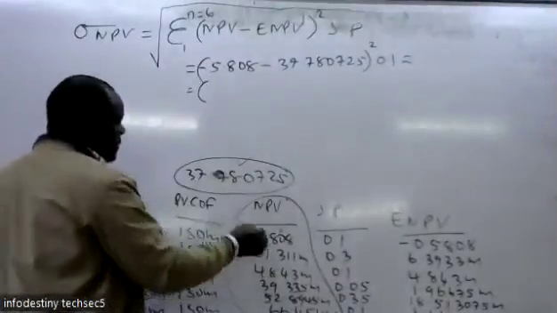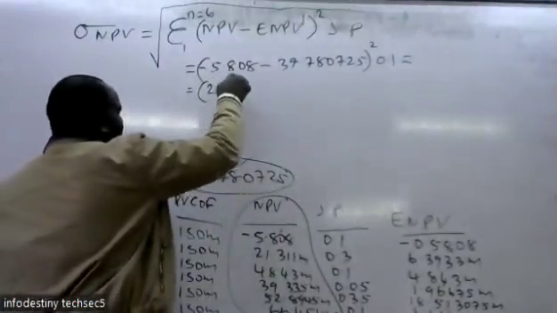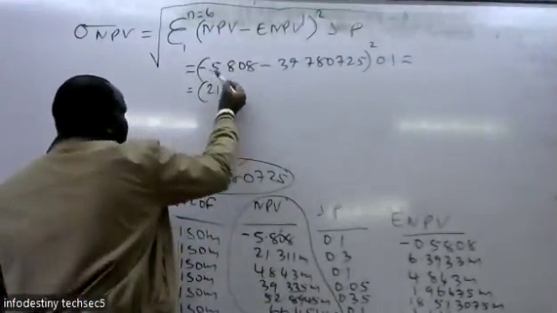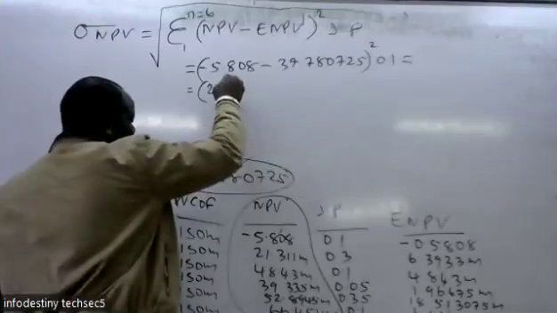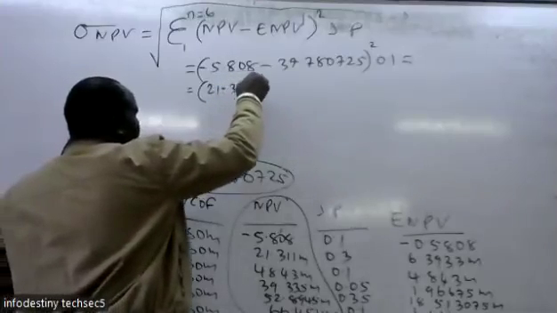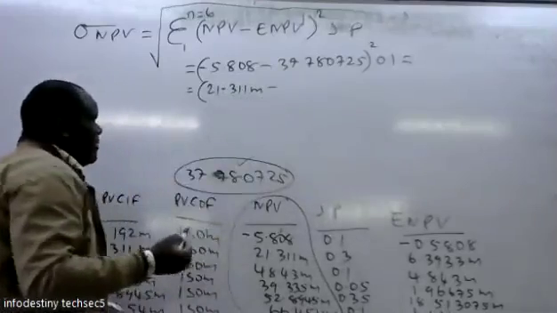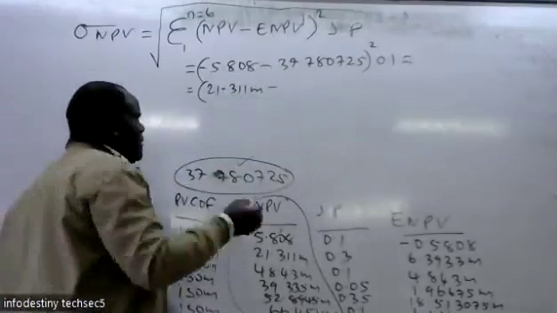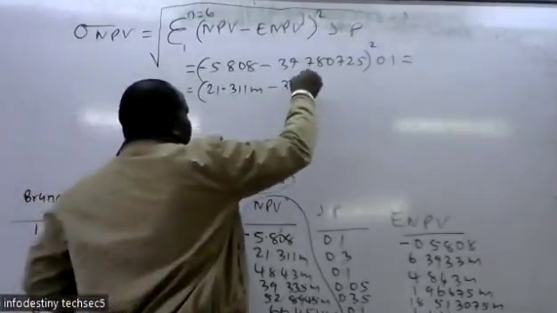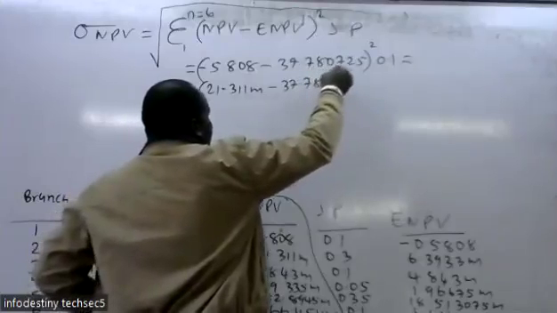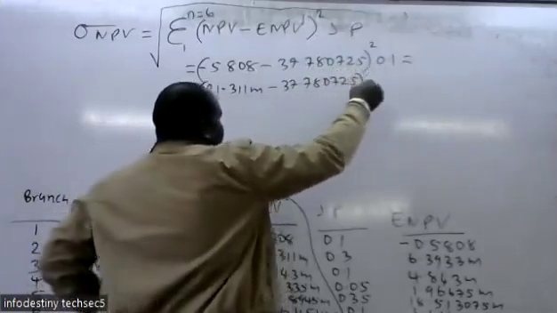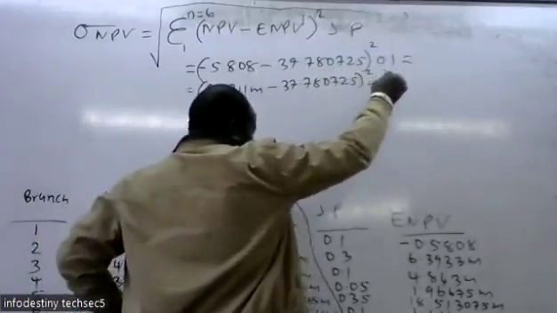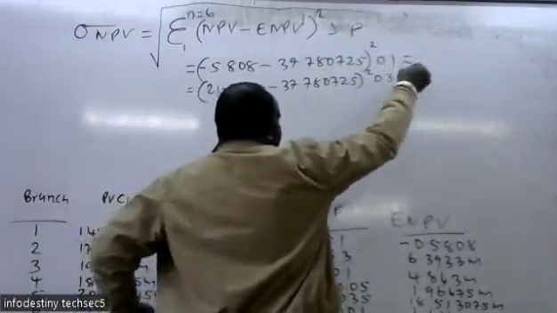The second branch is the one of 21.311 million. Your minus still 37.780725 square. Joint probability is 0.3.